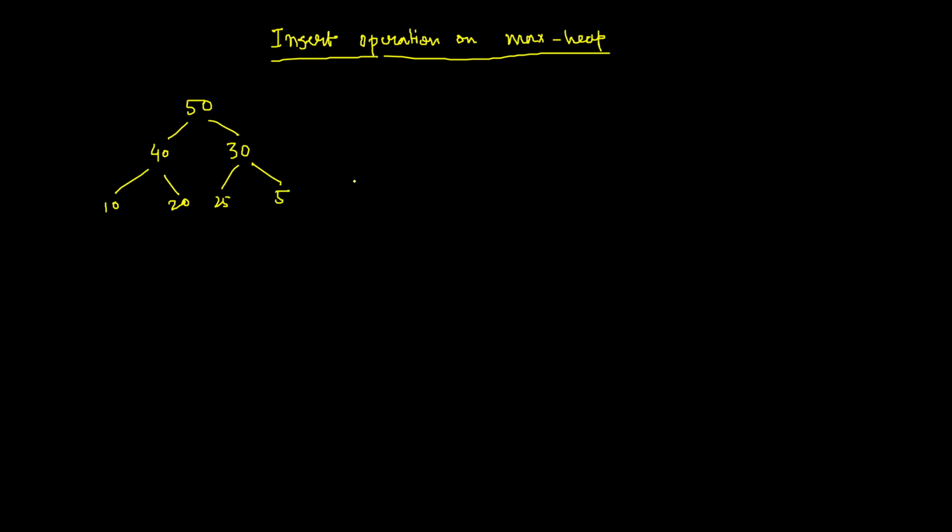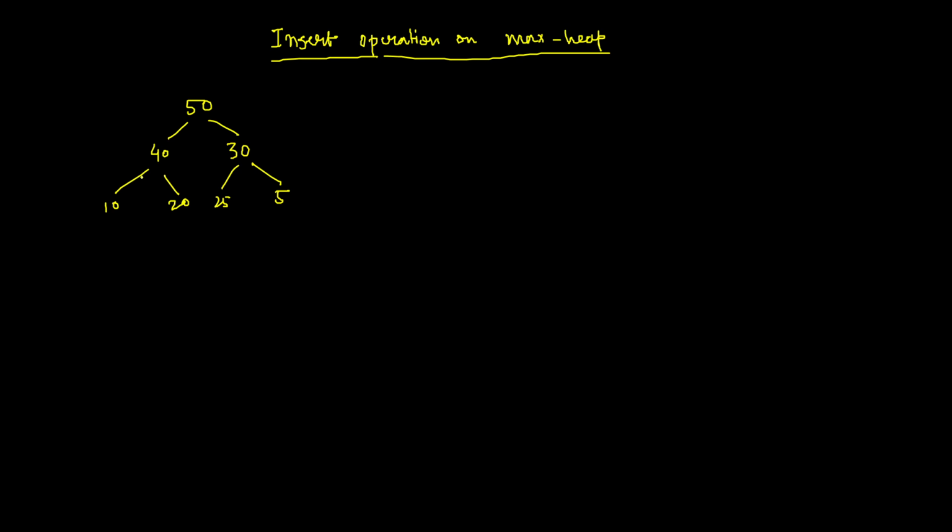Now see, if someone asks that I want to insert, say for example 35, the question is where I will insert this 35. 35 can actually be in between 10 and 40.